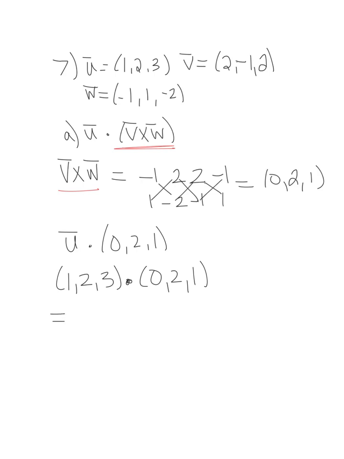And when we're doing the dot product, we are taking 1 times 0, which is 0, plus 2 times 2, which is 4, plus 3 times 1, which is 3. 0 plus 4 plus 3 is 7, and that is my final answer.